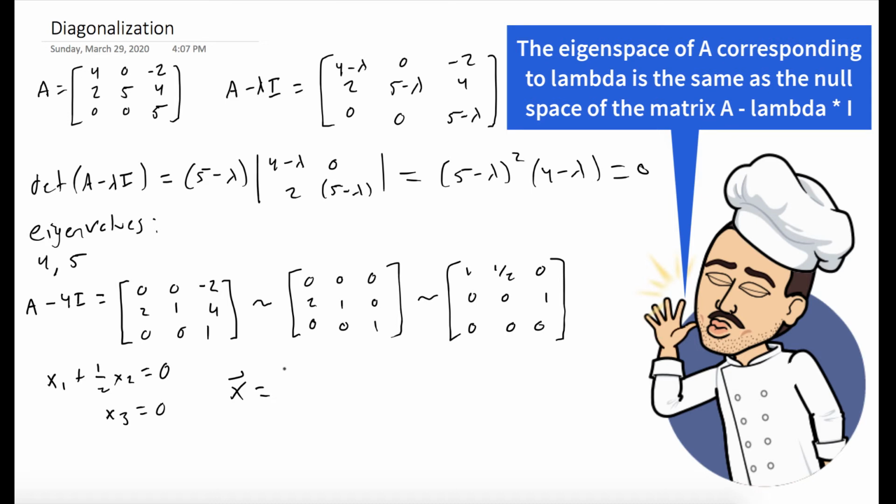And then we'll factor out the free variables, and the vectors that are remaining are the basis for the eigenspace corresponding to lambda equals 4.